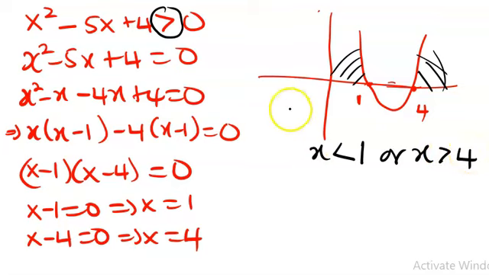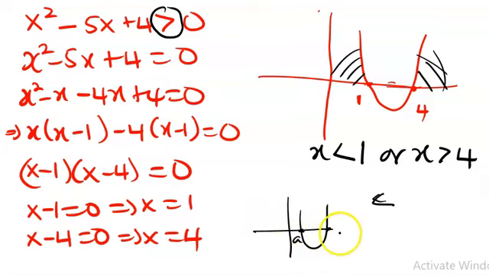Let me explain here. When the inequality sign is greater than, this is how the solution will be. If it is less than, so when you draw your curve and you know your points, say A and B, then the solution is going to be below. The whole thing is, if it is greater than, then the solution is going to be above the x-axis.